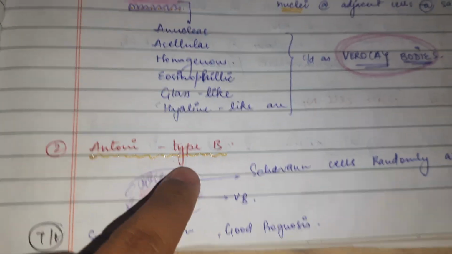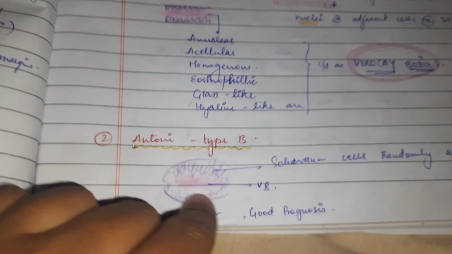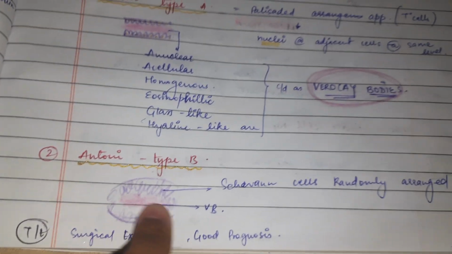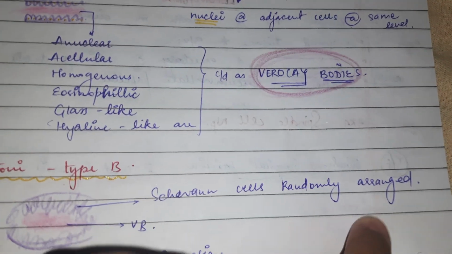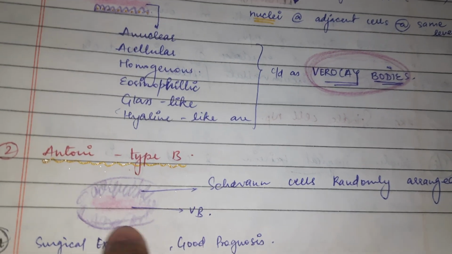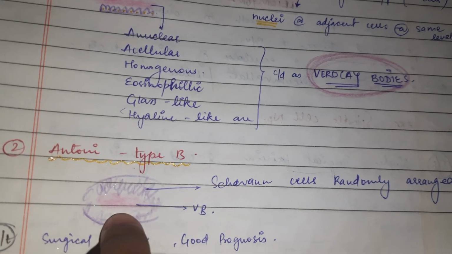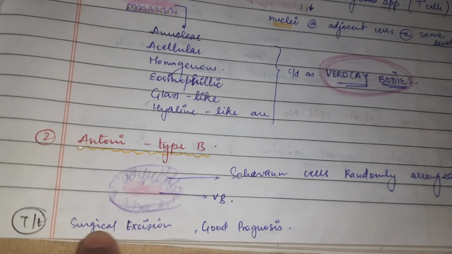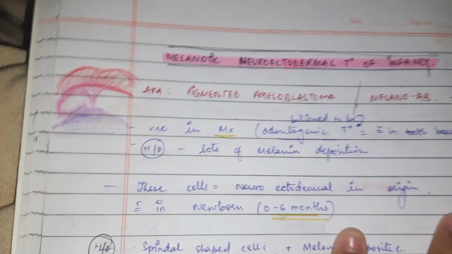In Antoni type B, Schwann cells and nuclei are randomly arranged, and Verocay bodies are present in between. Treatment is surgical excision, with a good prognosis.